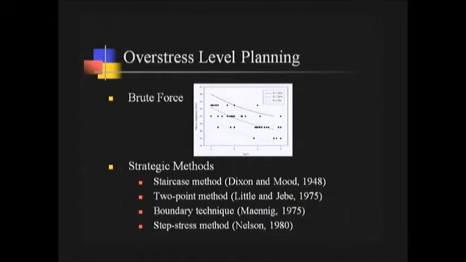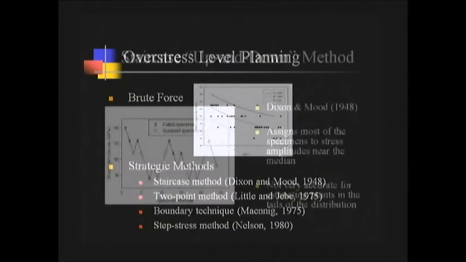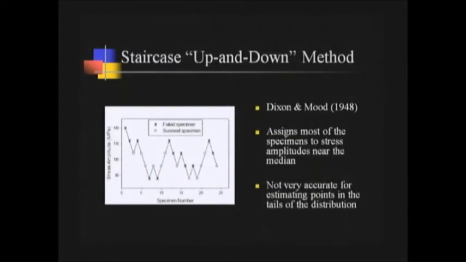So we'll look at each of these: the staircase and two-point method, the boundary technique, and the step stress method that we're using in my laboratory now. So many of you are probably familiar with this staircase method, or up and down method. It's the most commonly used fatigue method in dental materials over the years.